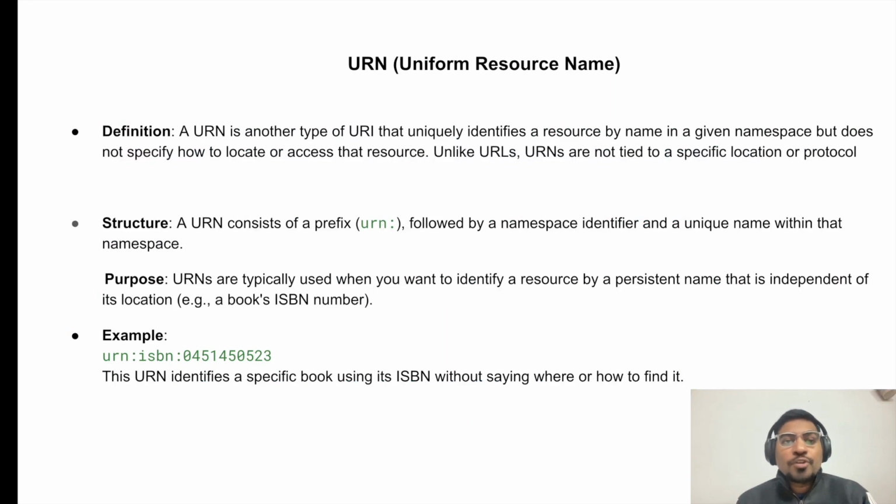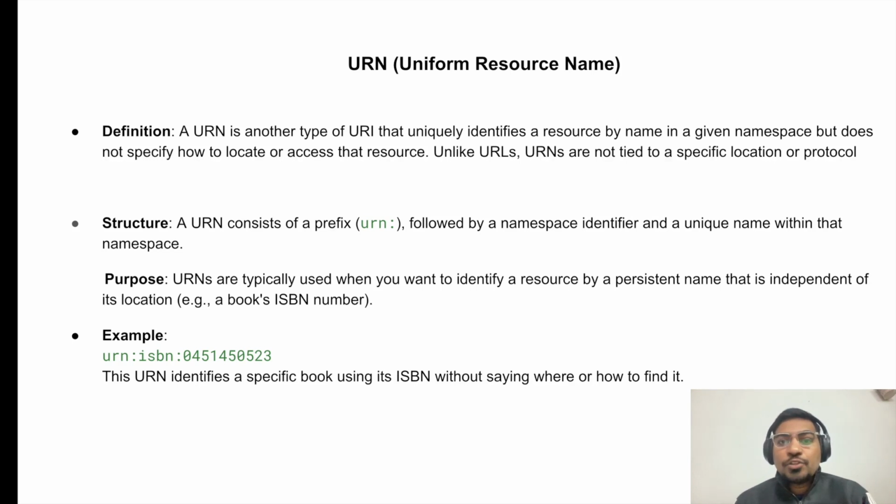If I'm talking about what is URN, URN is a Uniform Resource Name. The definition is that a URN is another type of URI that uniquely identifies a resource by name in a given namespace but does not specify how to locate or access the resource.